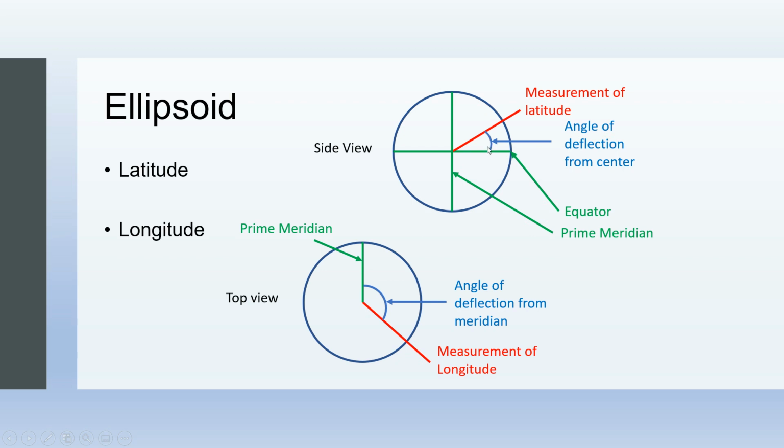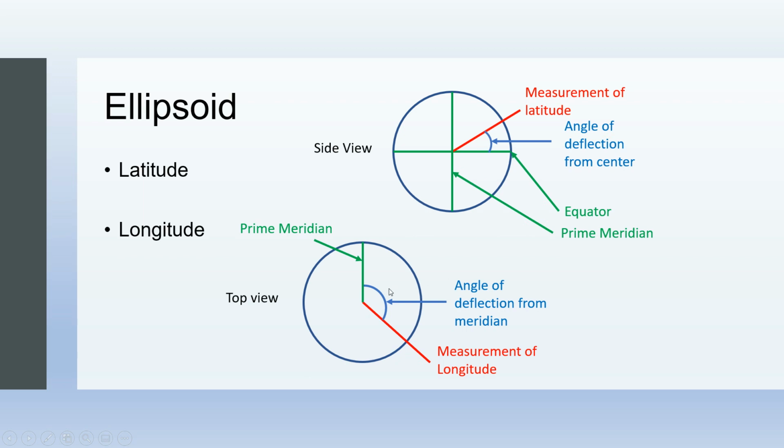So the deflection angle from the equator up at a straight line, that would be the measurement of latitude. So this deflection angle here, that's the measurement of latitude. So that would be how far north you are. And then everything is based off of the equator. So your measurements of latitude are either going to be north degrees minutes seconds or south degrees minutes seconds, okay?